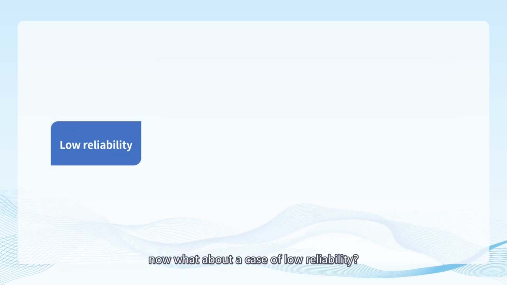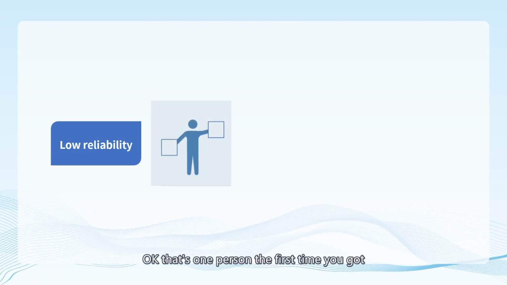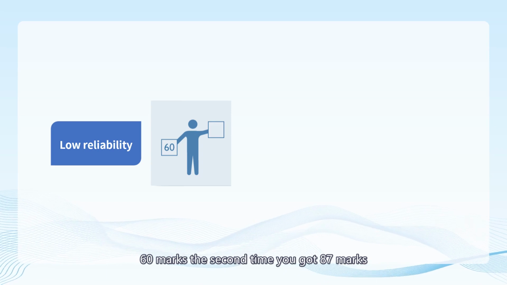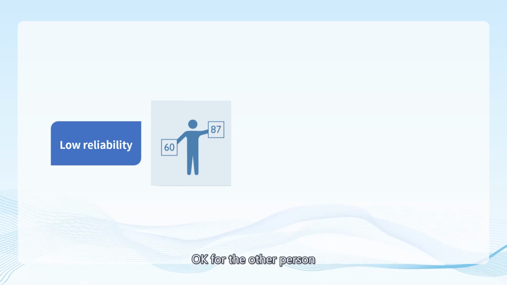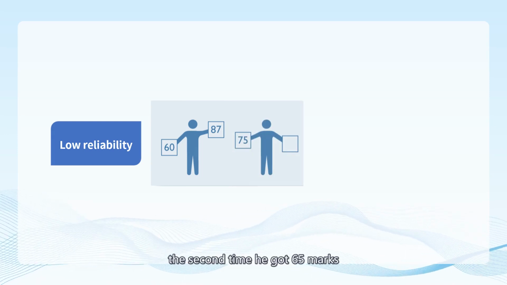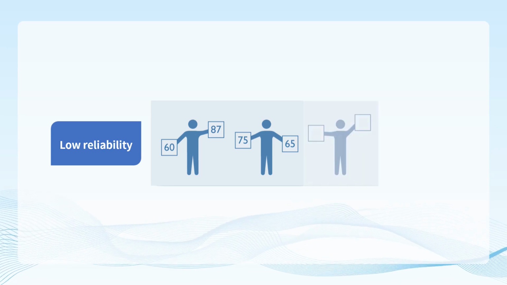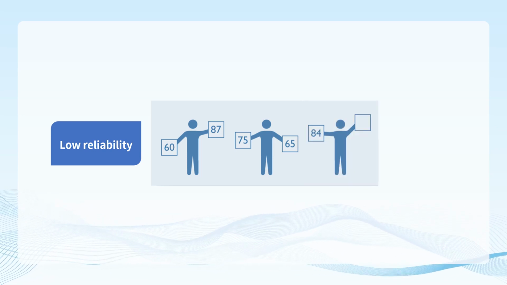Now, what about a case of low reliability? Okay, there's one person. The first time he got 60 marks. The second time he got 87 marks. For the second person, the first time he got 75 marks. The second time he got 65 marks. For the third person, the first time he got 84 marks.